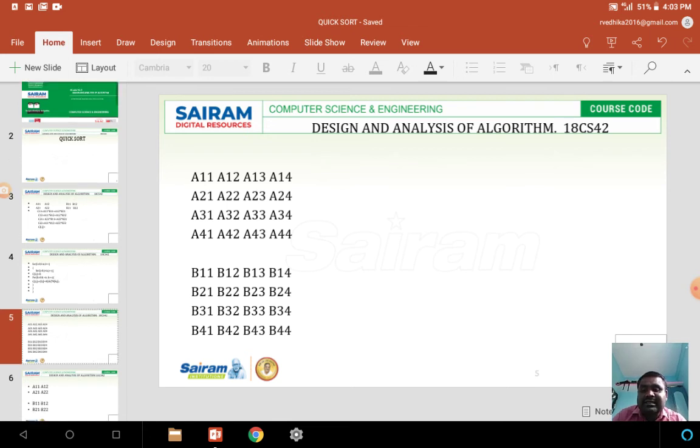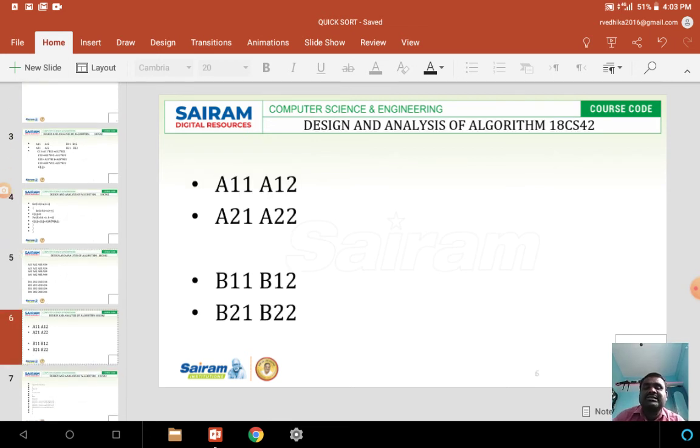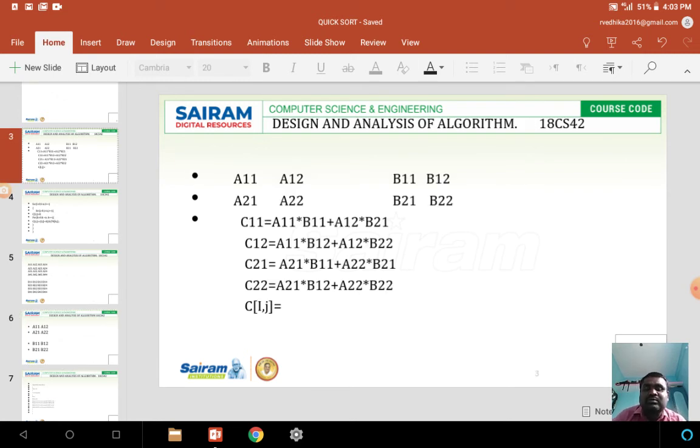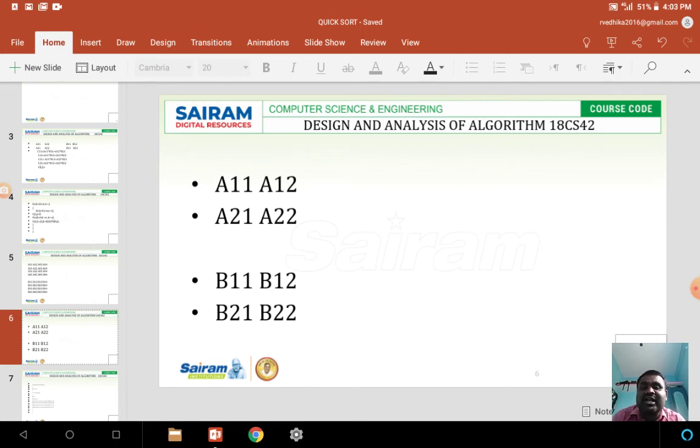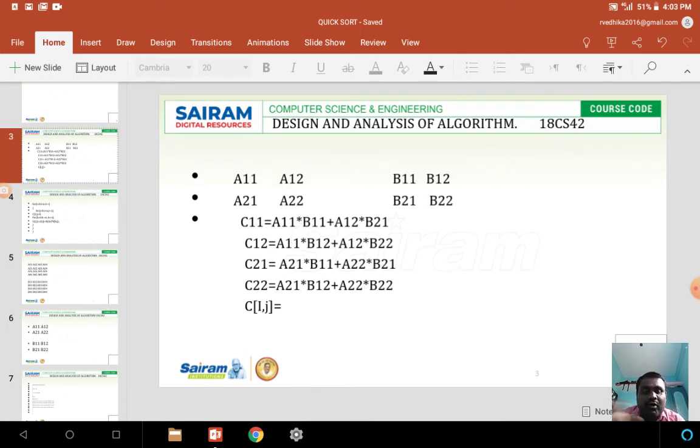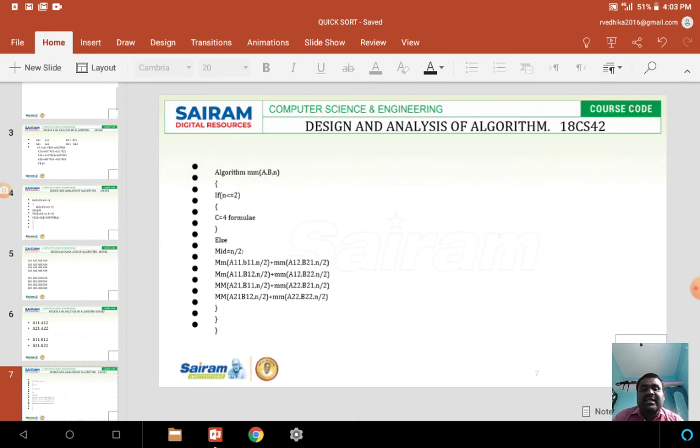Then when I divide the matrix into sub-matrices, it also looks like the very first matrix we discussed. So for this matrix multiplication, we can use this formula to find the matrix multiplication. At last we will get the result. So for that I am using an algorithm.